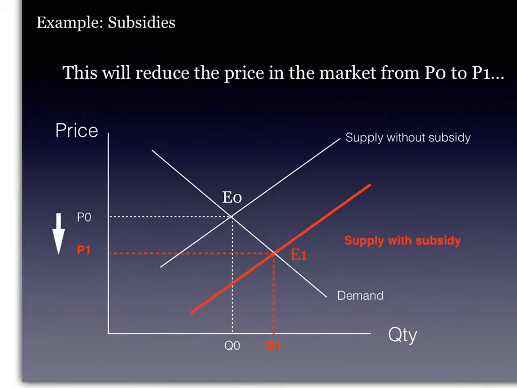Now, how is this going to affect the market? Well, the first thing that you need to say is it reduces the price in the market from P0 to P1. So we start at an equilibrium point here, and then with the subsidy moving this supply curve down, we end up at an equilibrium point here, and the first thing to note is there is this lower price.